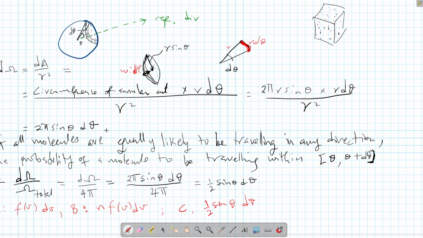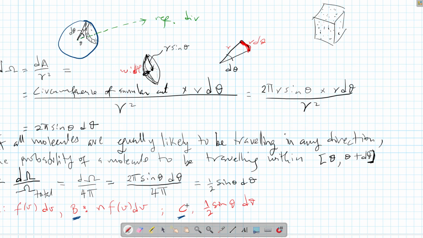So for D, we're going to combine two things, like B and C. What is B? B is the average number density of molecules with velocity between v and v plus dv.